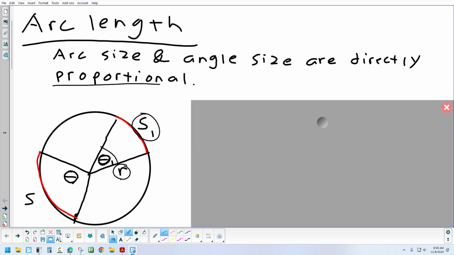Because if we can figure out the size of the angle that makes those two things the same, then we will have a connection we can use to base everything off of. Kind of like saying in 1 foot, there's 12 inches. That's a fact you can base everything else off of. So how big does this angle have to be to make the arc and the radius the same?